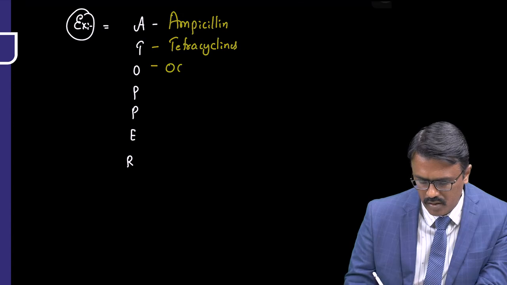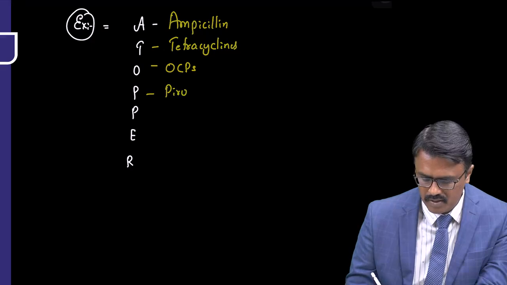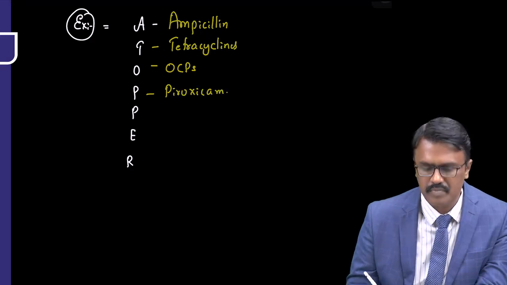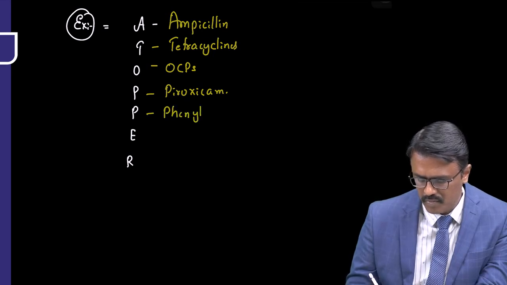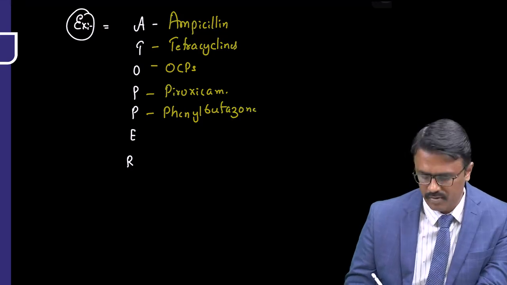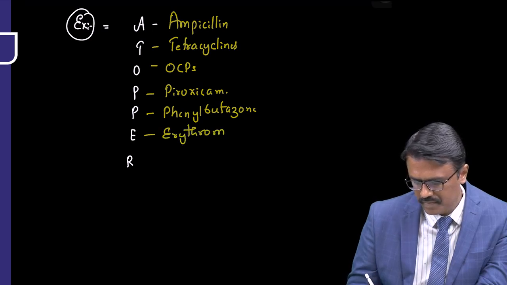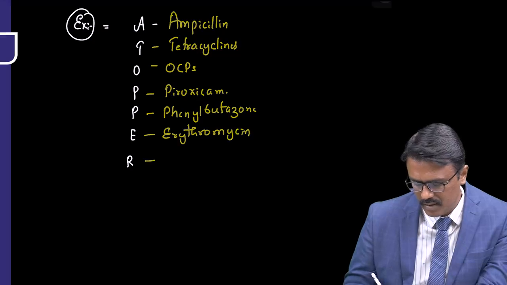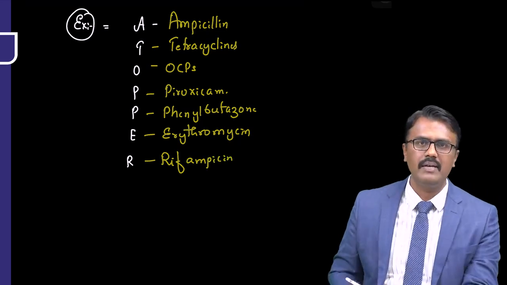O for the oral contraceptive pills. P for piroxicam. And one more P for phenylbutazone. And E for erythromycin. R for rifampicin. So that is the importance of enterohepatic recycling.